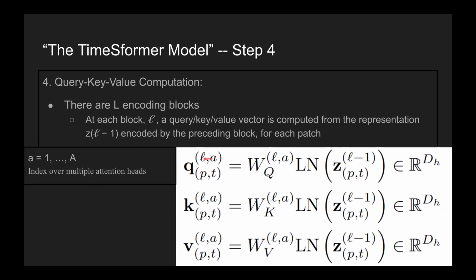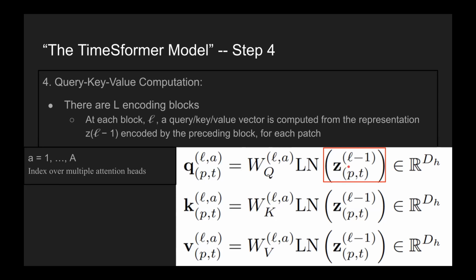So we are going to go over every encoding block l and each attention head a. W is our learned query, key, and value matrices, and then we do some layer normalization to reduce the training time. We do that layer normalization on the preceding block as talked about.